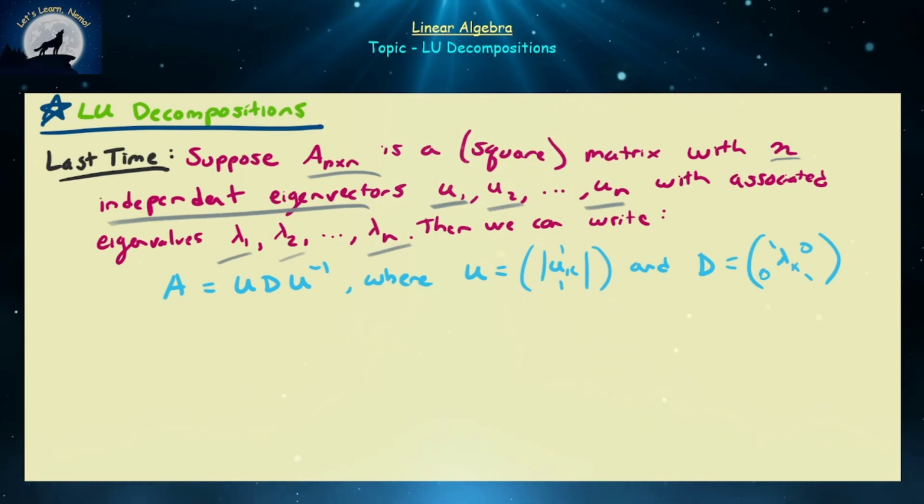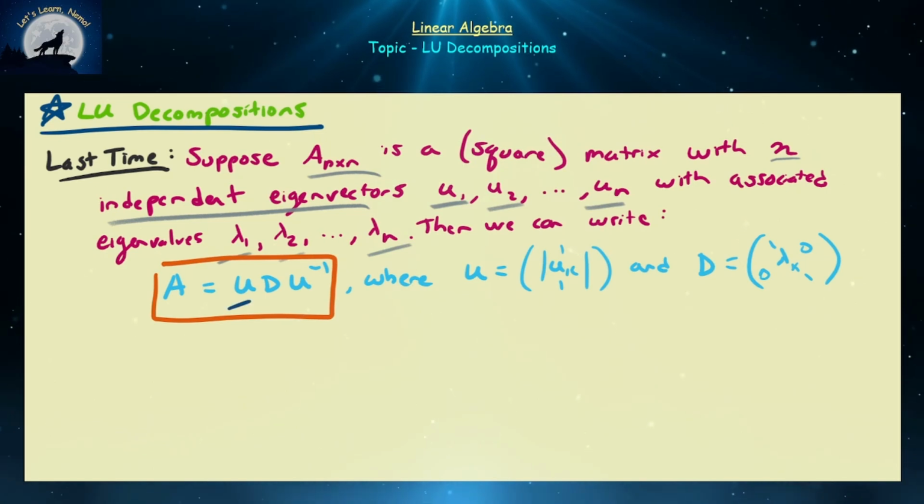If these exist, in particular independent eigenvectors, then we can express A as a product of three matrices: U, the matrix containing the eigenvectors, U inverse, its inverse, and obviously that inverse exists if these eigenvectors are all independent of each other, and D, a matrix containing the eigenvalues on its diagonal entries. So this is what we refer to as an eigenvalue decomposition.